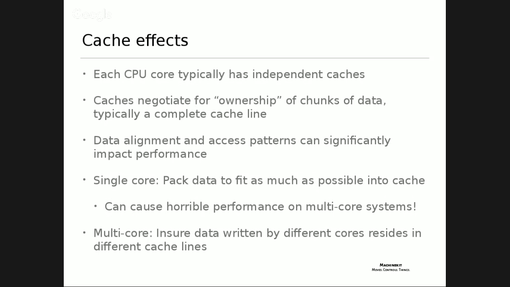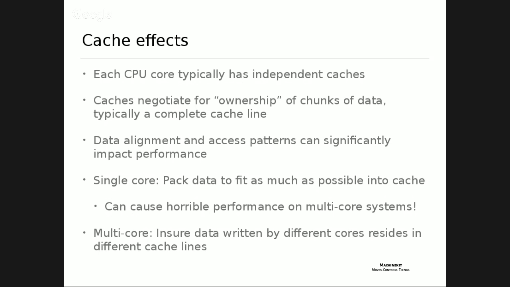So essentially what that boils down to is, if you're running on a single core and all of your real-time code is locked to a single core, which is the way LinuxCNC has historically done it, and typically they advise assigning a processor core to real-time, and that's the real-time core, then you want to pack all your data as much as you can into the cache line, because you fit as much data as you can into the cache.